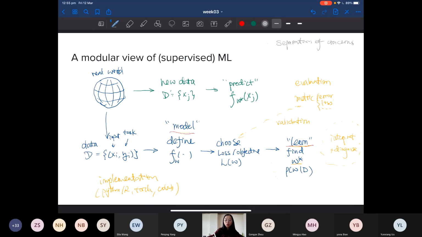Basically, if your model is not working, you should be asking whether you should be redefining your model, choosing a different loss function, or choosing a different optimization algorithm, or something like that, right? Or whether to go back and examine your data set to see if the distributions of X and Y are strange in a way. That happens a lot. The second one is that if you're trying to do this in a research project or real-world project, what the end use should inform all of the upstream decisions. Okay.